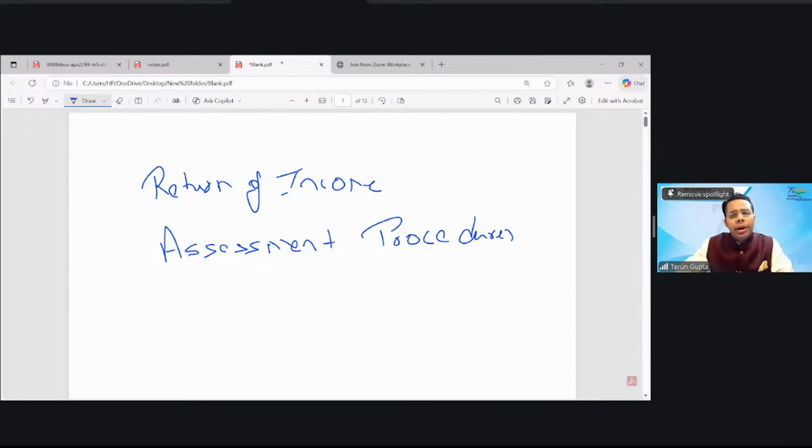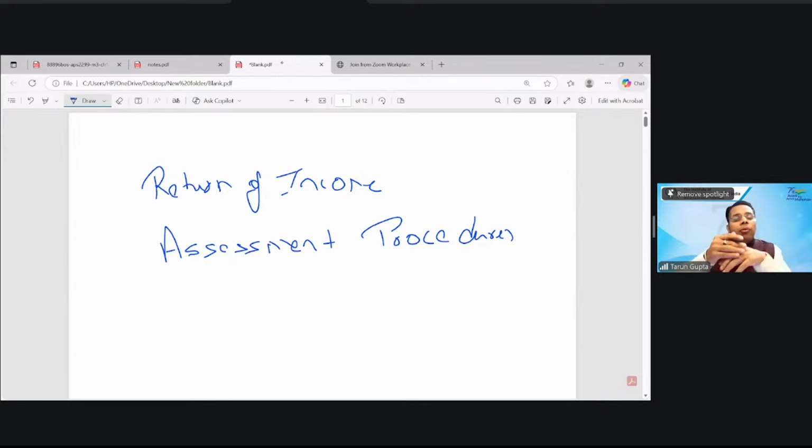Okay. So in the return of income, we studied who all are required to furnish return of income, and what are the due dates by which the return of income should be filed. Then we also studied different types of return of income: loss return, belated return, revised return, defective return, updated return, and a modified return.